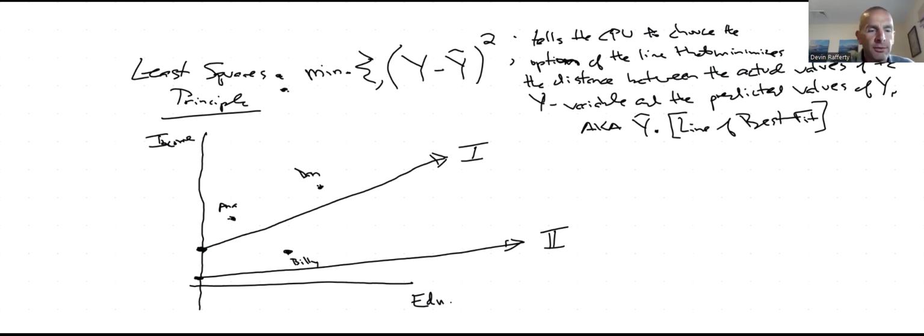Okay. Right here on line 1, these are predicted values. According to line 1, based upon Anna's education, she should have this level of income. Okay, based upon this level of education, the computer believes Anna should have this level of income. Well, she actually has this level of income. So she's doing better than the computer thinks she should be.